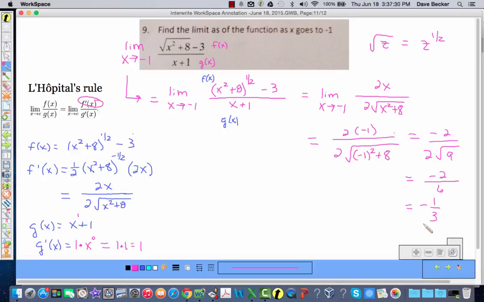And so that's the answer. The limit as x approaches -1 of the square root of x squared plus 8 minus 3 over x plus 1 is indeed equal to -1/3. Okay, that's it.